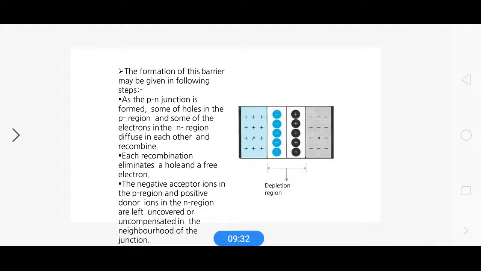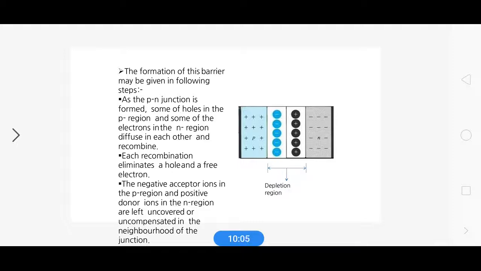So therefore, positive donor ions are created in the n region, and the negative acceptor ions are created in the p region.